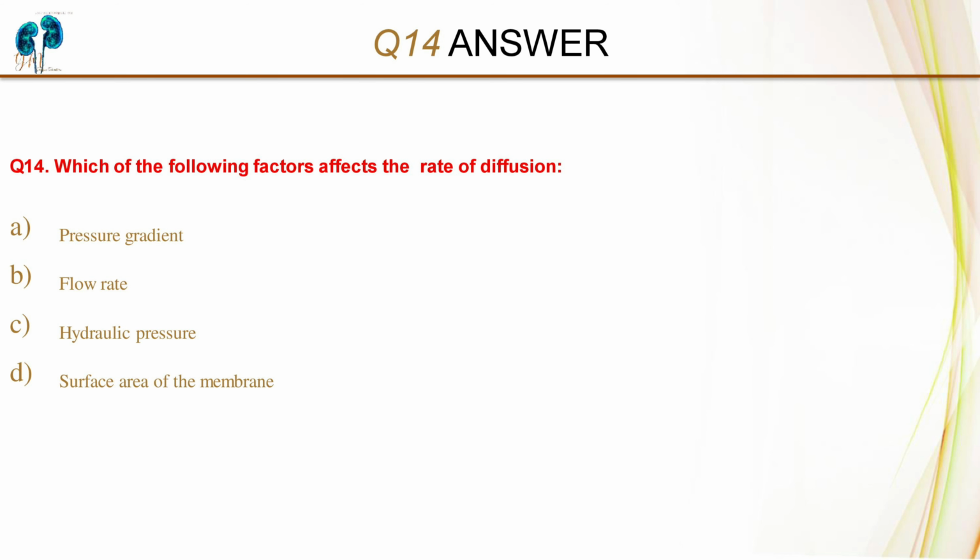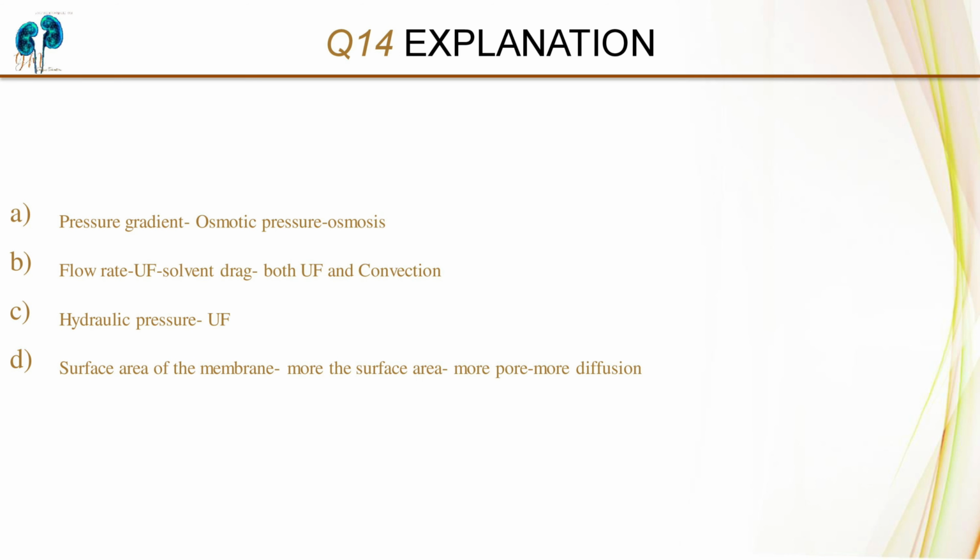Question 14. Which of the following factors affects the rate of diffusion? Option A, pressure gradient. Option B, flow rate. Option C, hydraulic pressure. Option D, surface area of the membrane. Explanation: pressure gradient is osmotic pressure, as we see in osmosis.